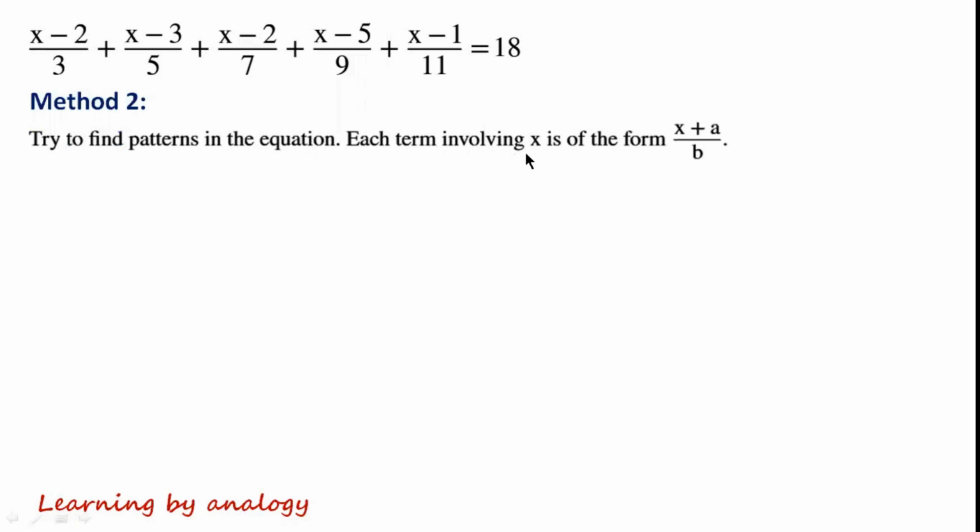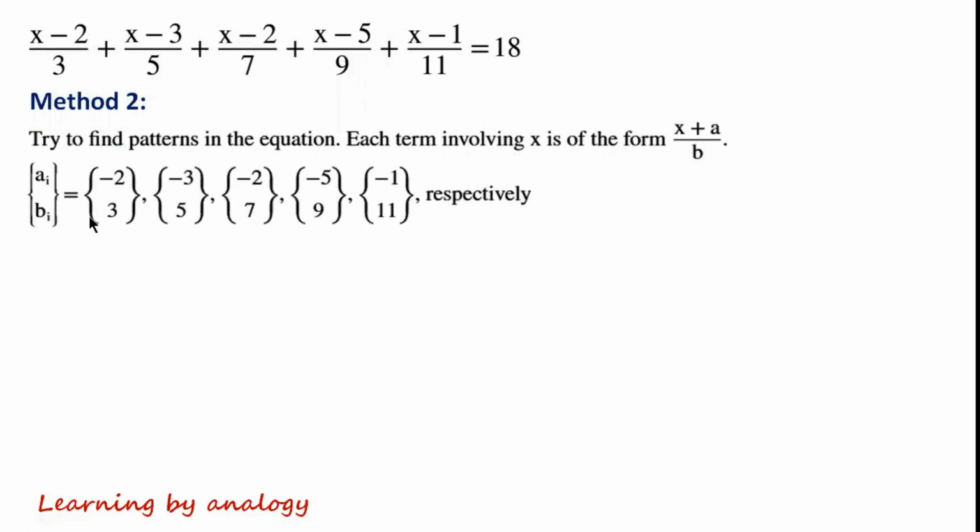Each term involving x is of the form (x + a)/b. (ai, bi) equals (-2, 3) for the first fractional term, (-3, 5) for the second fractional term, (-2, 7) for the third fractional term, (-5, 9) for the fourth fractional term, and (-1, 11) for the fifth fractional term.